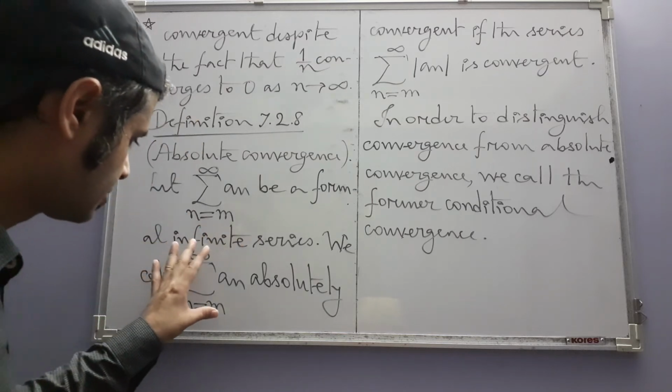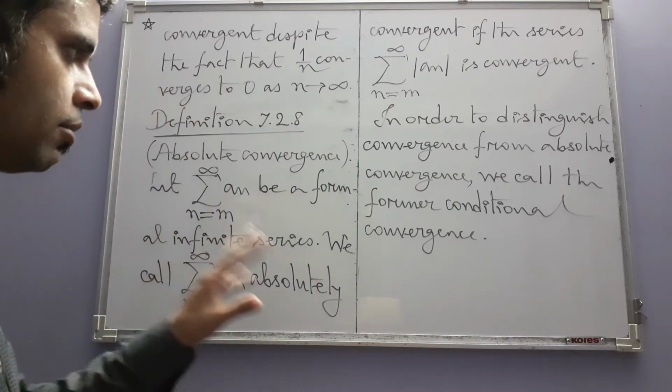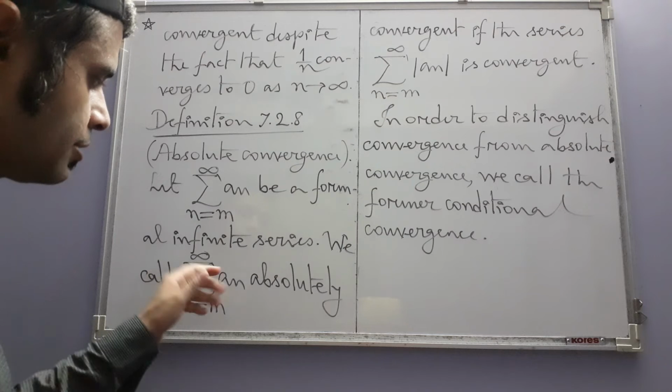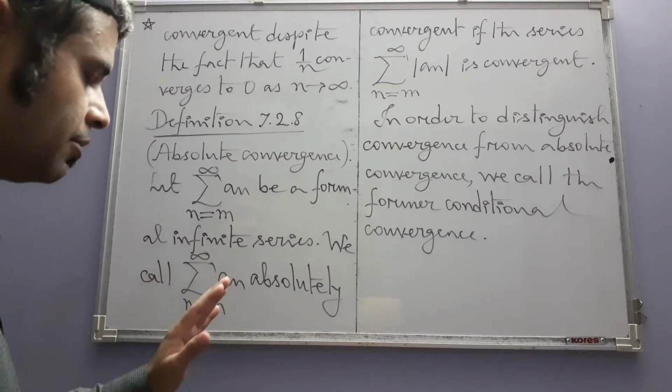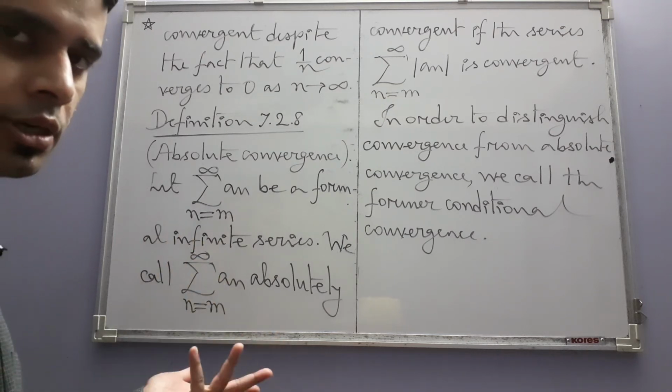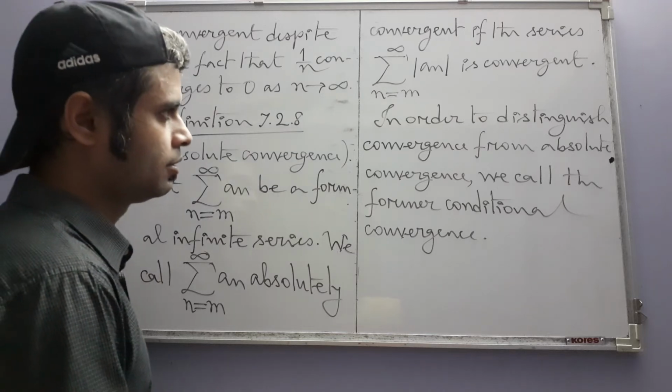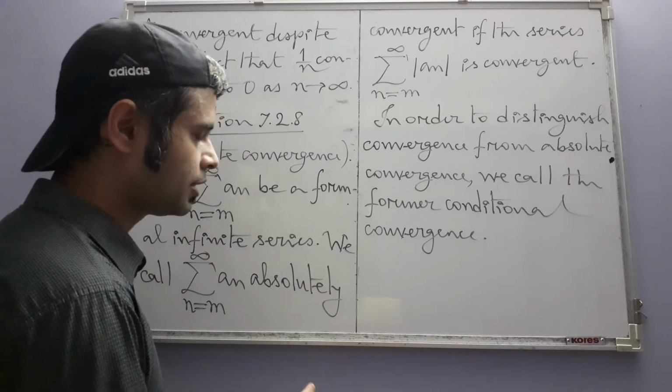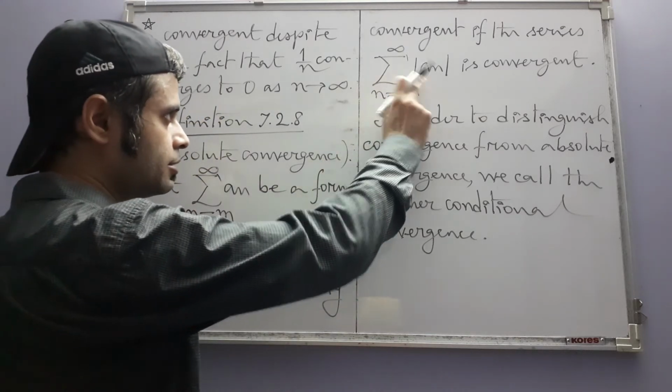That means if a series is just simply convergent, then sometimes we say that the series is conditionally convergent. But if we are saying absolutely convergent, then of course that means this series is convergent.